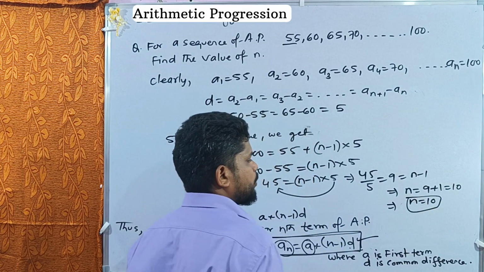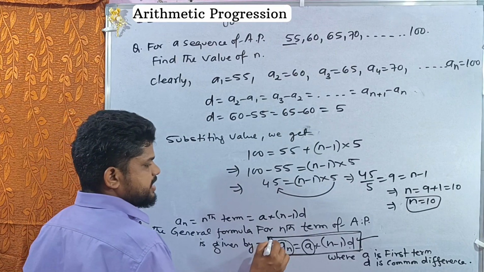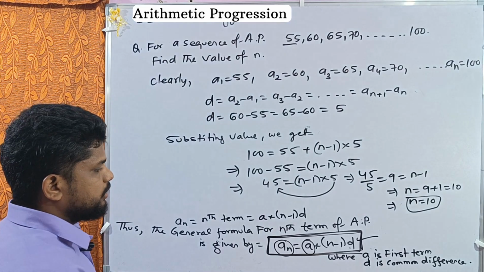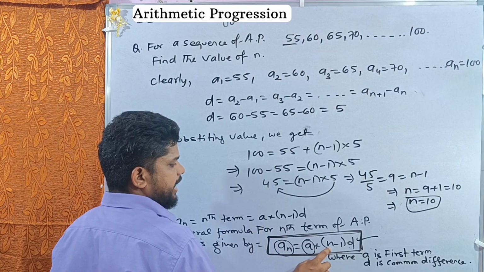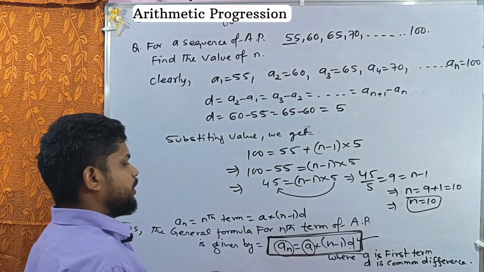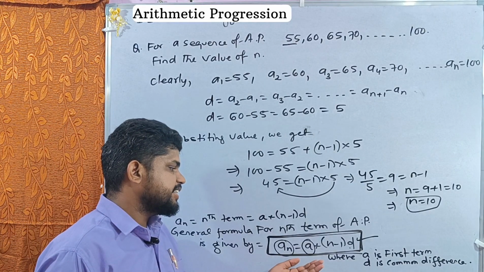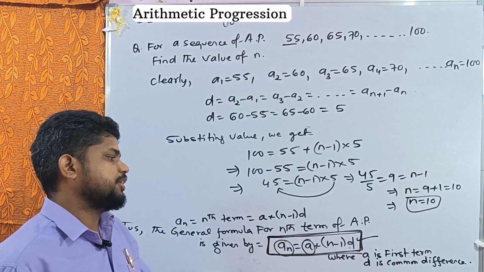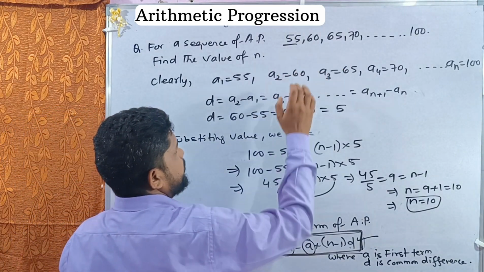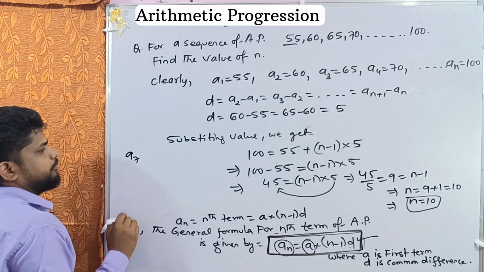In this way, dear students, for the nth term of an AP we have four different quantities: an, a, n and d. So the examiner may sometimes provide any three and ask you to find the fourth. Suppose for this given sequence of AP, the examiner asks you to find the 7th term.